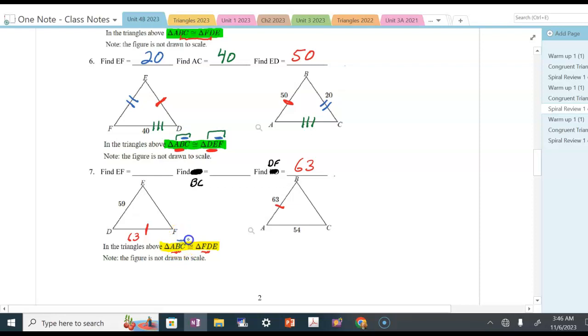Then BC goes with DE. So that means BC is 59. And the outside letters go together. So AC is the same as FE or EF, so that means that's 52.